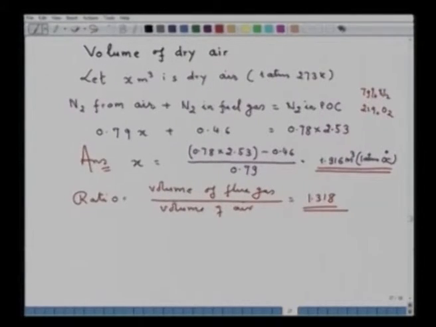Now, next we have to calculate the percent excess air.